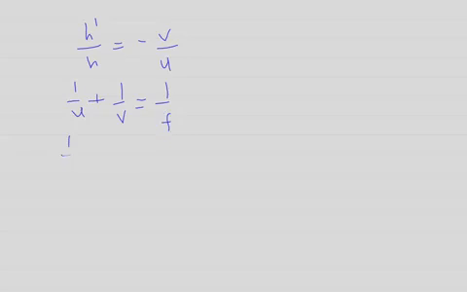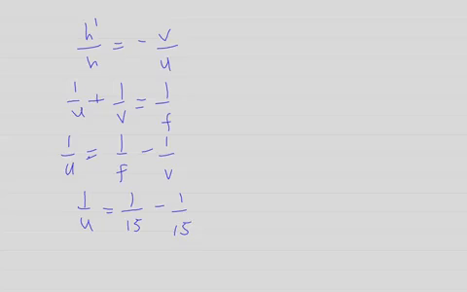So we can easily find U. 1 over U is equal to 1 over F minus 1 over V, so 1 over 15 minus 1 over 15. No, this is not the approach to be used.